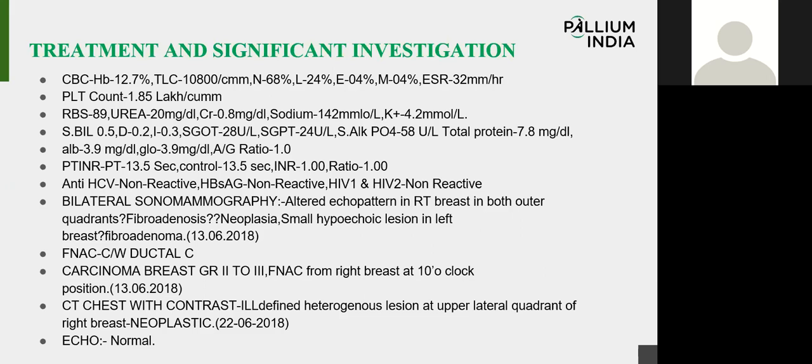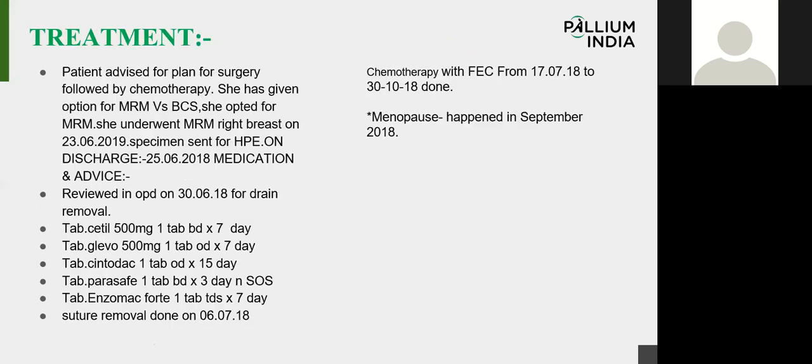It was on the same date as the sonomammography. Further, she went for investigation, and CT chest was done. It showed a heterogeneous lesion at the upper quadrant level of the right breast. That is neoplastic, and echo is normal. That CT scan was done on 22nd of June. Next slide.